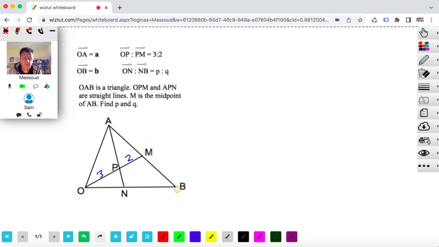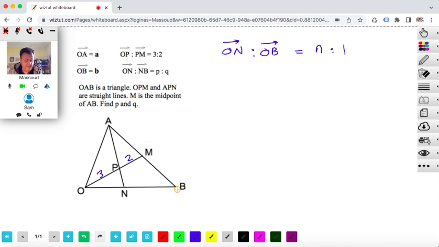For simplicity, to begin with, I am going to work with the ratio of ON to OB, and I am going to call it the ratio of n to the whole thing, which is 1.